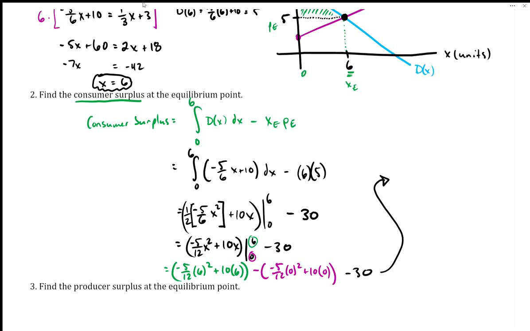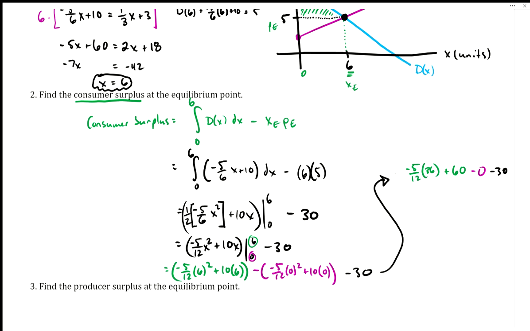Simplifying the green part, remember we would square first, so 6 squared is 36, so we'd have negative 5/12 times 36, and then 10 times 6 is 60. Everything in the pink is 0, so 5/12 times 0, all of that's 0. I'm just going to write minus 0 as a placeholder, and then still minus 30.